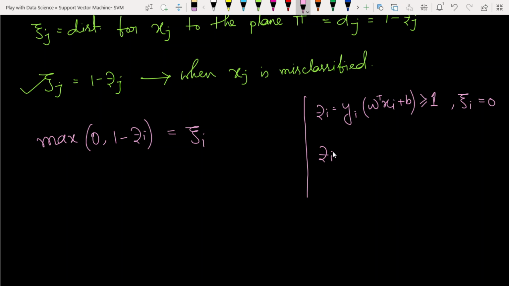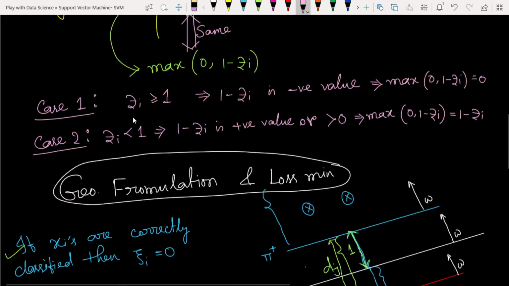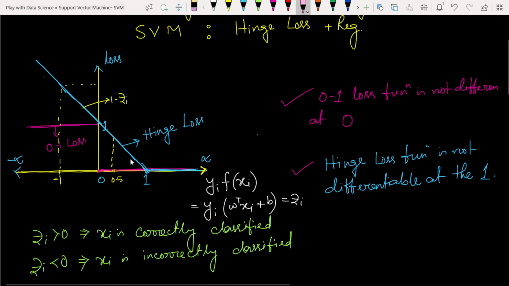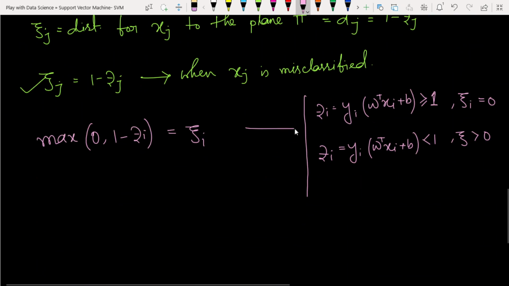If yi w transpose xi plus b is less than 1, then we get zeta i greater than 0. This is the same concept as our Hinge loss. Just compare this with our Hinge loss, and both of these things are the same.